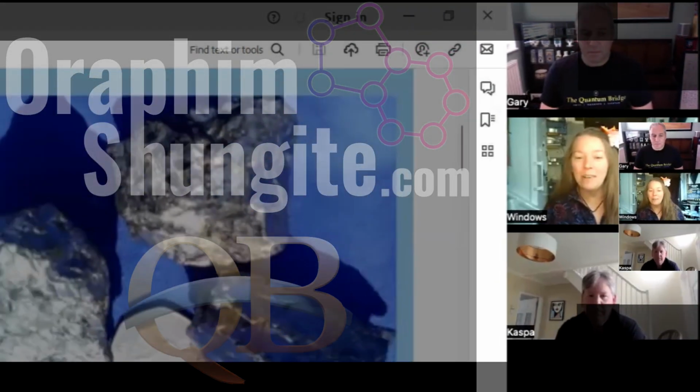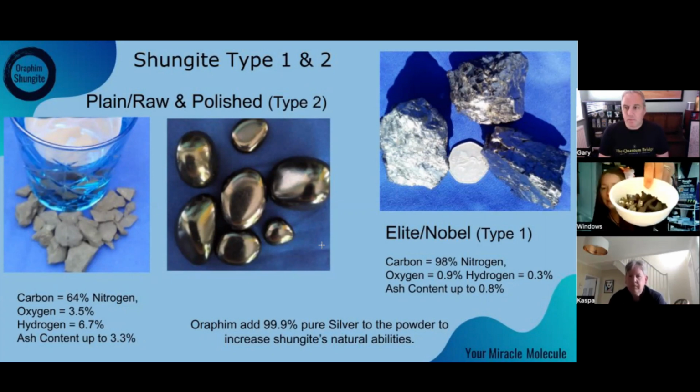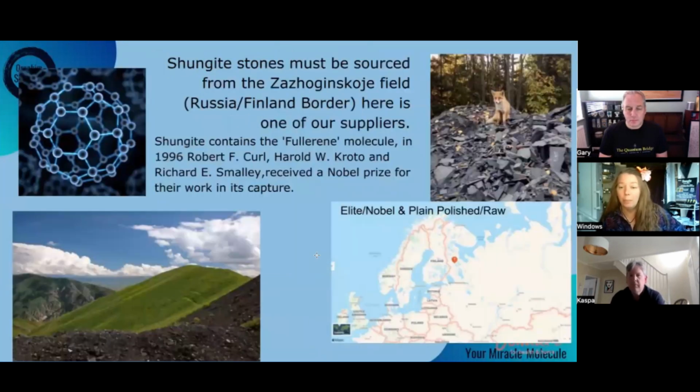Here we go. We're talking about shungite and water. This is an overview of shungite, and what we have are the black shungites and the elite shungites, which we're going to be playing with today, and answering some of the common questions I get asked about shungite and water, because it's such an important topic for people.